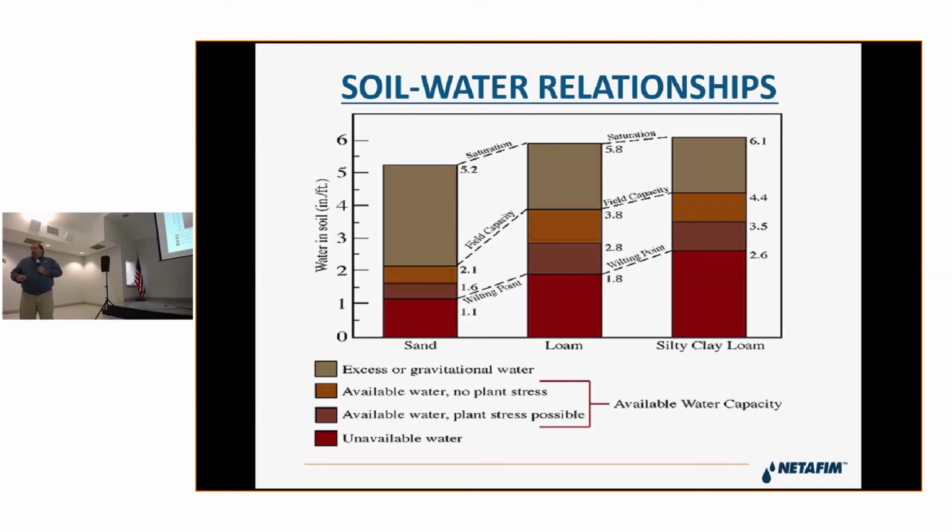The reason is this bottom water is still available water. Available water is defined as the water between field capacity and wilting point. It's all available, but the plant has to work a lot harder to get the bottom part of the available water. Because you can water every day or every other day with your drip system, I want to operate pretty close to field capacity.